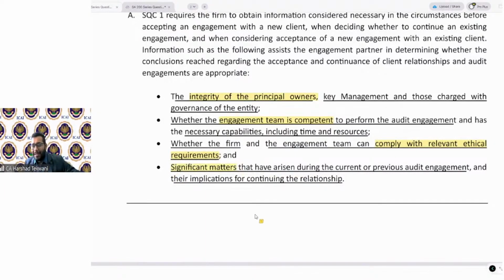So significant matters can be why the audit was qualified or an adverse opinion was issued, or whether there is any uncorrected misstatement which could have a major impact on the current year's financial statement, or there could be chances that because the previous auditor issued an adverse opinion, the auditor was changed. So a lot of things can be there. So you need to understand significant matters that were there in the audit engagement and their implications for continuing the relationship.